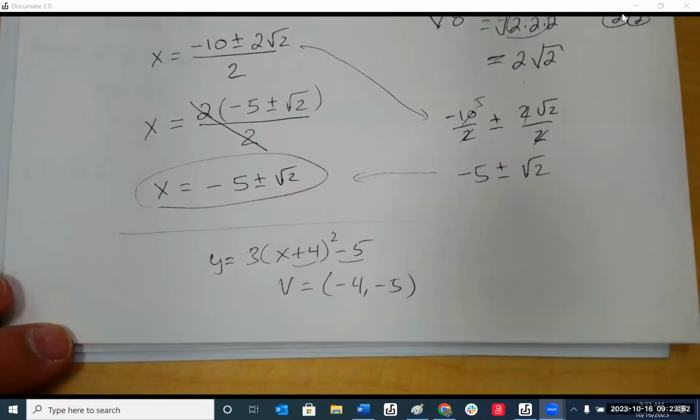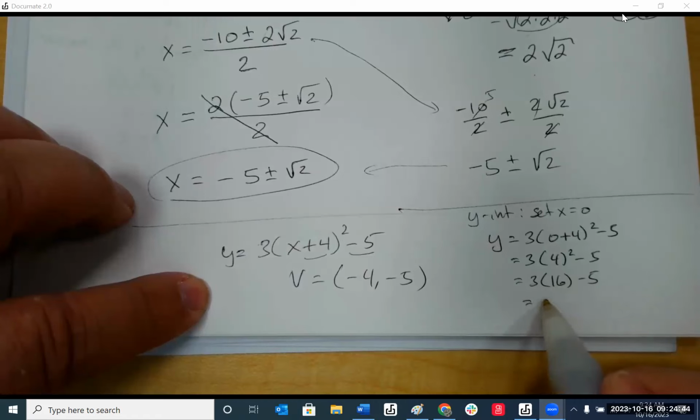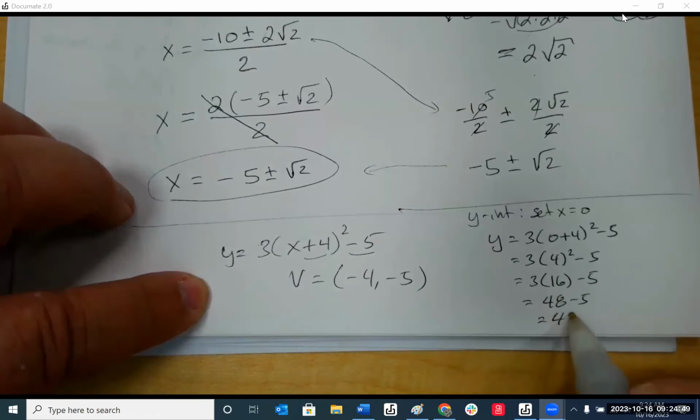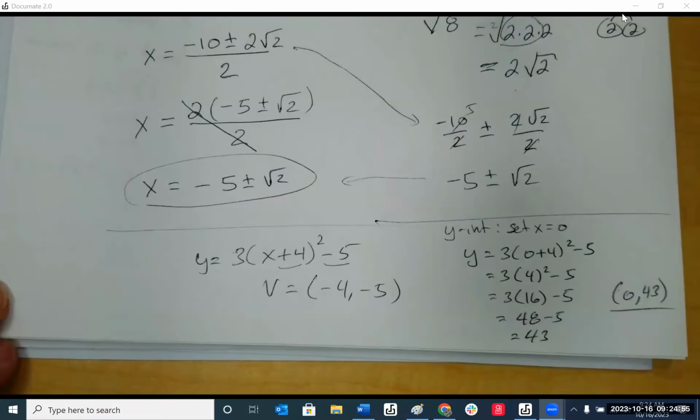So we have 0 plus 4 squared minus 5. 0 plus 4 is 4 squared. 4 squared is 16. 3 times 16 is 48. Minus 5 is 43. So the y-intercept is at 0.